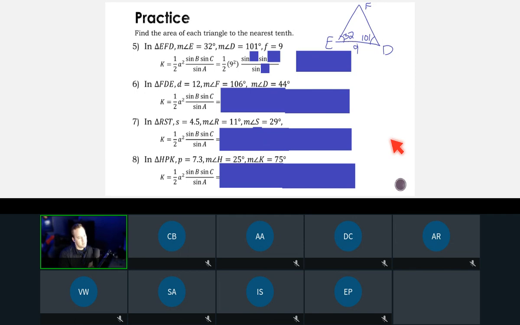Okay, well, remember, I can't have variables. We're solving for area. So Antonio says 47, Emily says 47. But I don't give you 47. How did we find 47, guys?